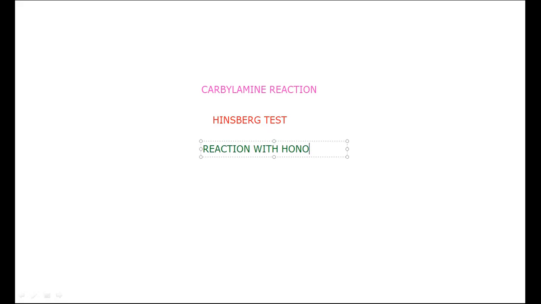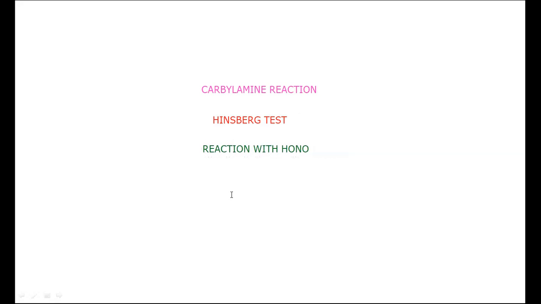Whereas secondary amines react with nitrous acid, they won't liberate nitrogen, they form an oily liquid. Whereas tertiary amines won't react in that way, but they form the quaternary salt, and that salt is dissolved in sodium hydroxide.